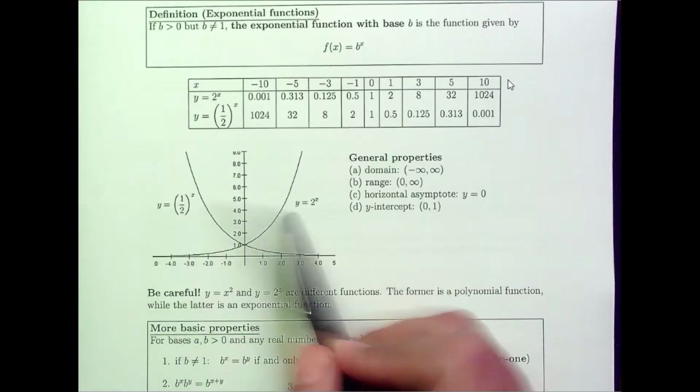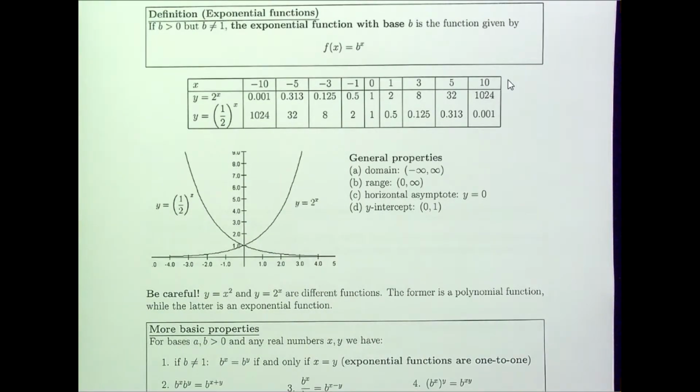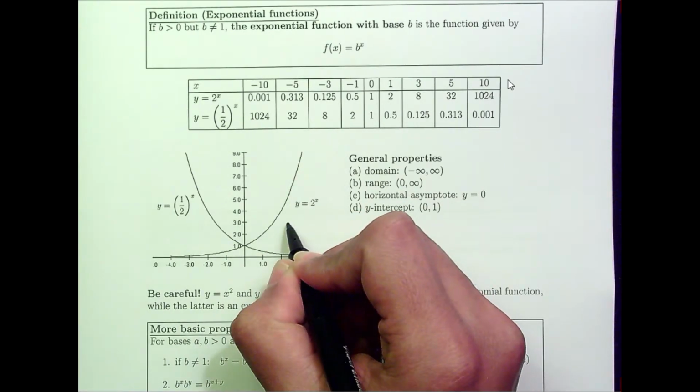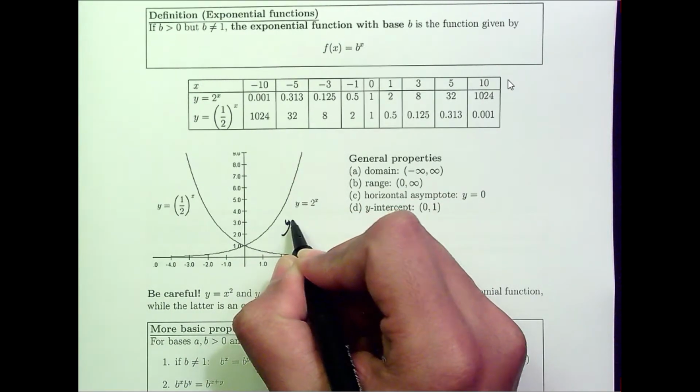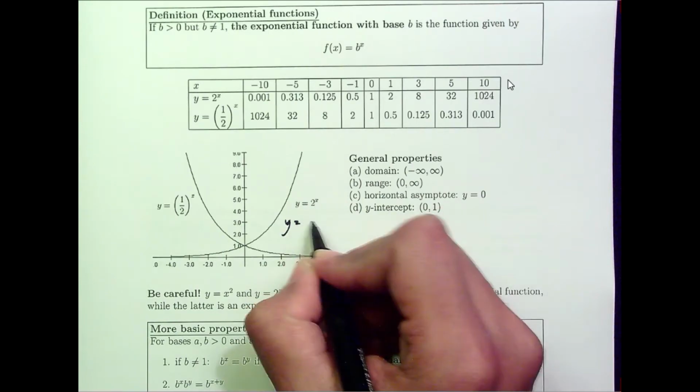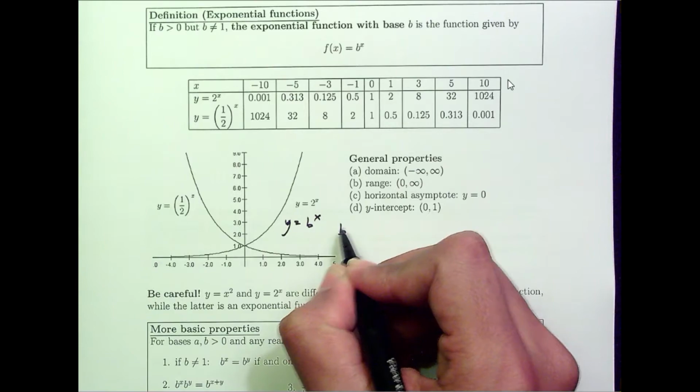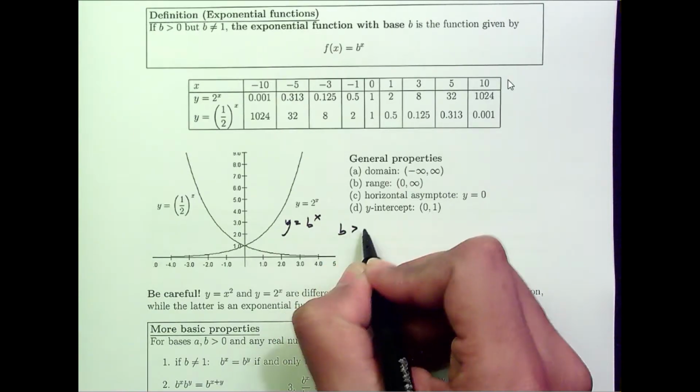Now, these two graphs right here, it turns out that they are pretty typical of what all exponential functions look like. This one right here is representative of what all the exponential functions look like if the base is bigger than 1.